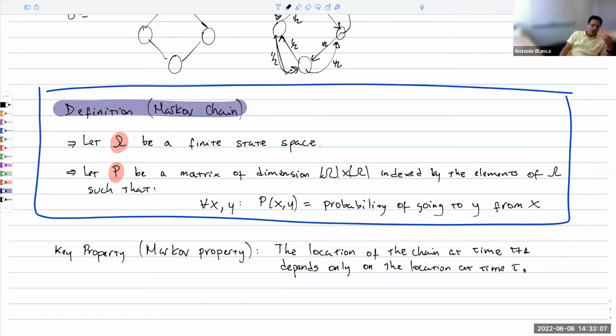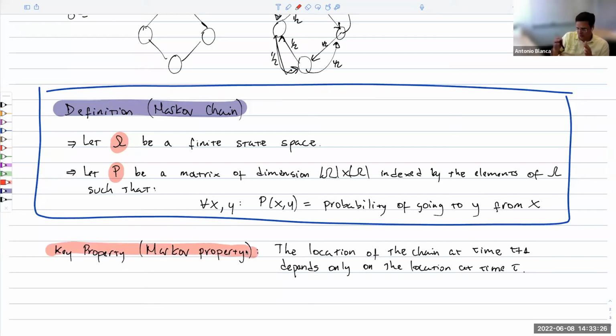If you look at our previous example, the random walk on a graph, just knowing the vertex where you are right now is sufficient to know where you're going. From that vertex, you pick a random number, and you will pick a random neighbor. This is the Markov property.